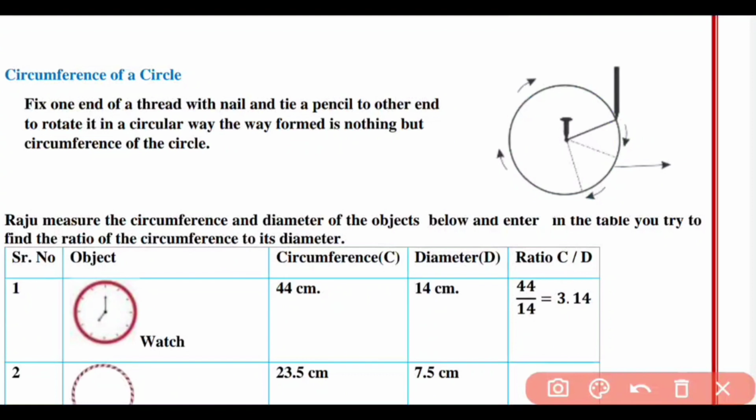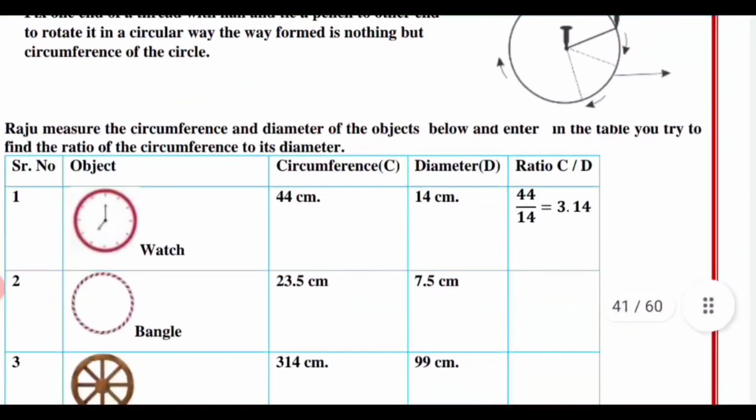So next there is a table. Raju measured the circumference and diameter of the objects below and entered them in the table. You try to find the ratio of circumference and its diameter. So he has measured the circumference of the watch, which he got 44 centimeter.